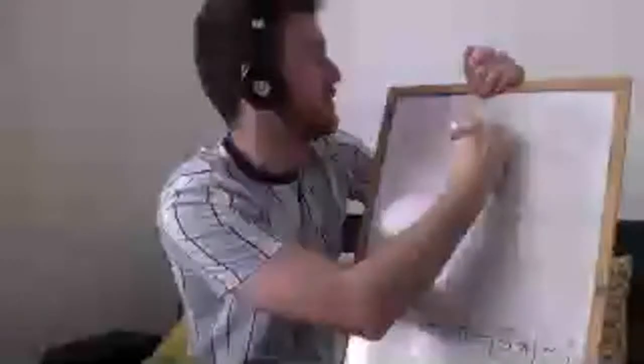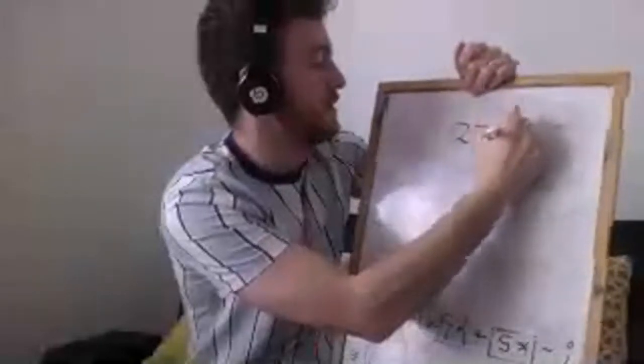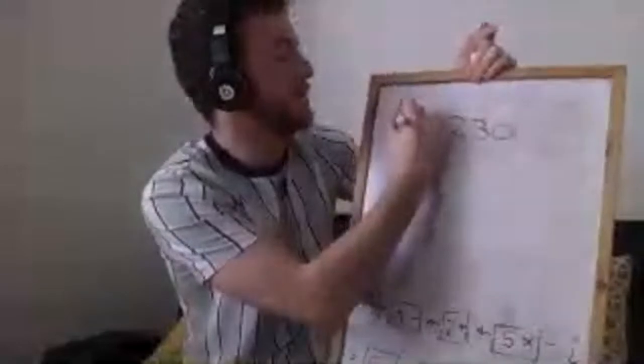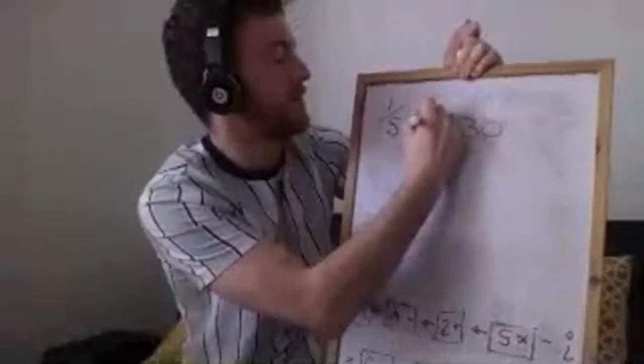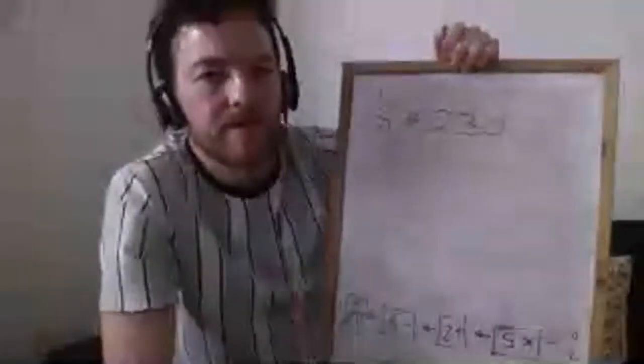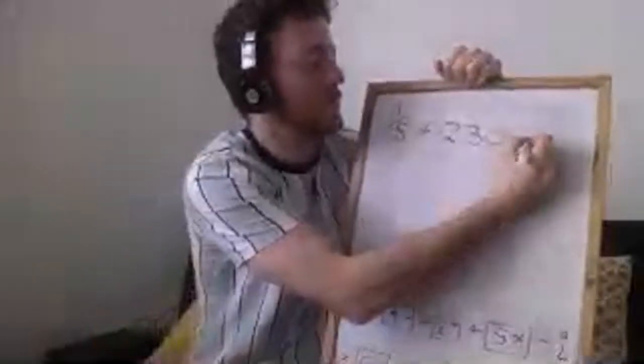So you're going to do the next one for me. Our number is 230. I want you to find me 1/5 of 230. So what are you going to do?